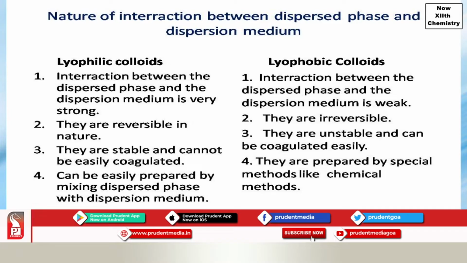In lyophilic colloids, the interaction between the dispersed phase and the dispersion medium is very strong, whereas in lyophobic colloids, the interaction is weak. Lyophilic colloids are reversible in nature. We can get our dispersed phase and dispersion medium in separated form, but lyophobic colloids are irreversible. Once they are formed, we cannot separate them.